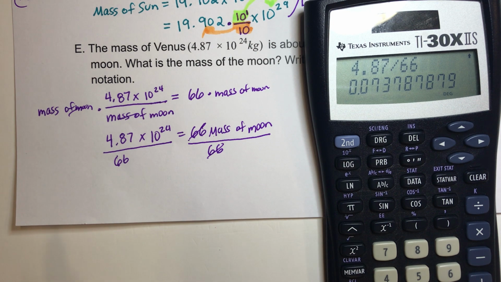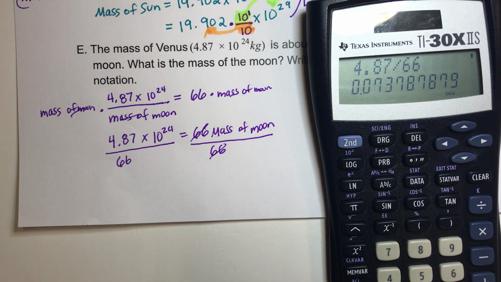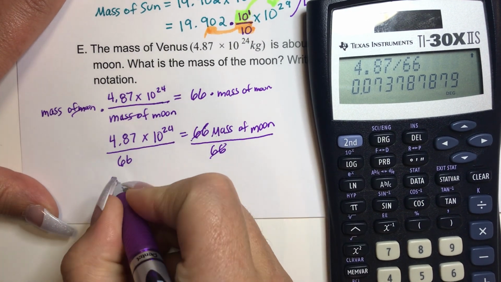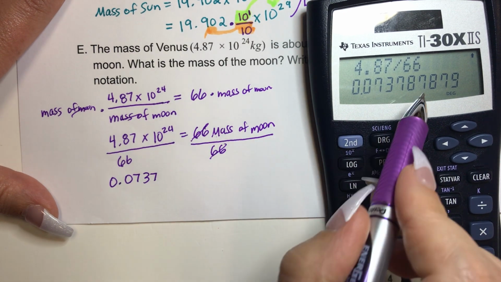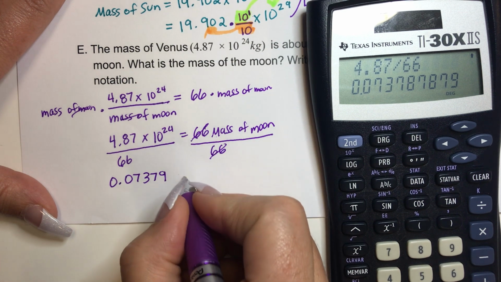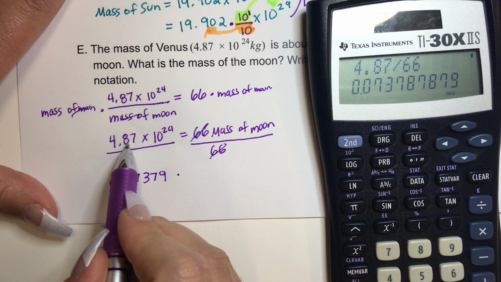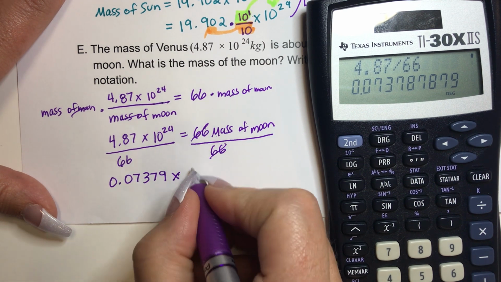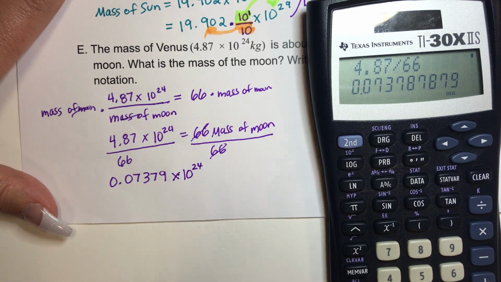And 4.87 divided by 66 ends up being 0.0737, and we'll round that up to 9. Times, okay, so that's 4.87 divided by 66 times 10 to the 24th. There is no power of 10 to combine, so we just rewrite that.